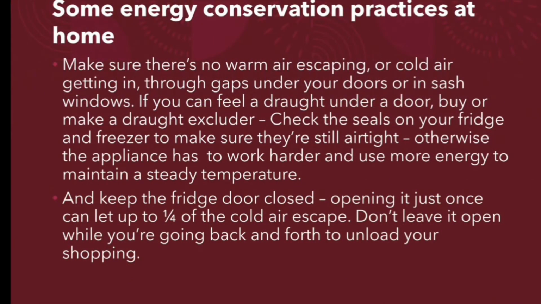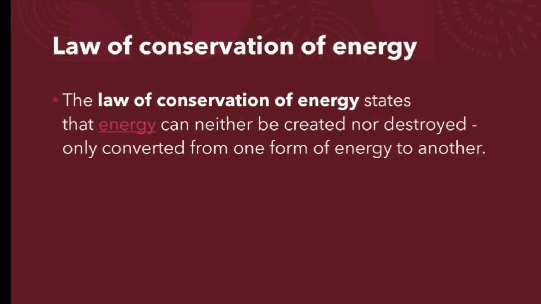Some energy conservation practices at home: we can avoid leakage when we are using the air conditioner. We can avoid opening the fridge door very frequently. When we avoid opening the fridge door, we can save one-fourth of energy, one-fourth of the misuse of energy. Then when we are not watching TV, we can switch it off. So these are the simple things we can do at home.